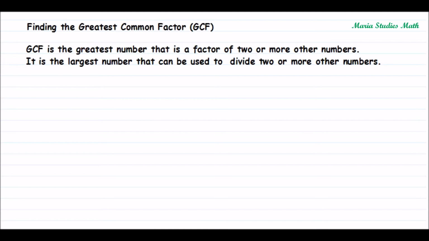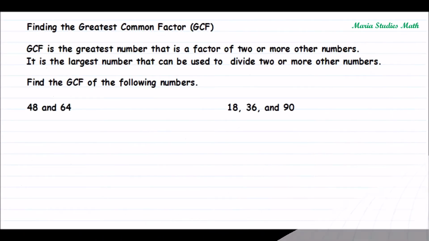So now let's try finding the greatest common factor of different sets of numbers. We are asked here to find the GCF of two sets of numbers. Let's do the first set first, which is 48 and 64. When we are asked to find the GCF of sets of numbers, there are actually different ways to find it.